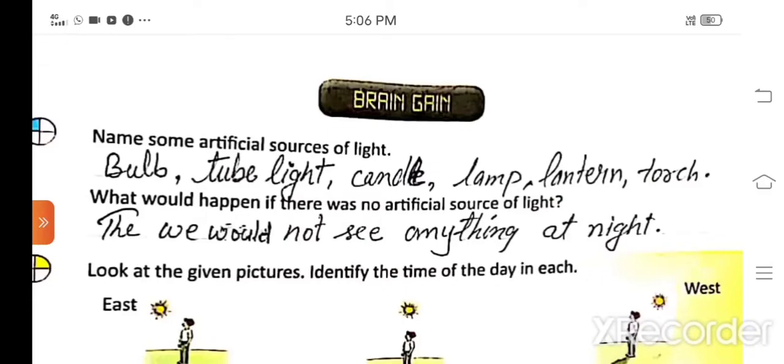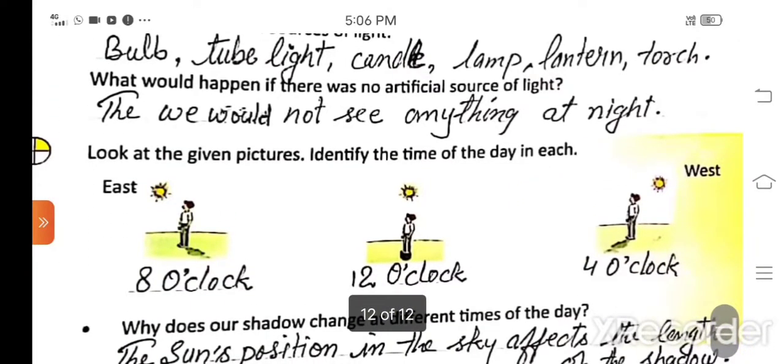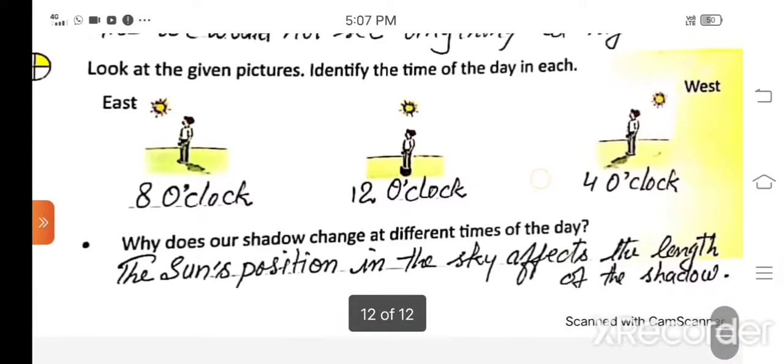Dear students, the artificial sources of light are also very important for us, because after sunset there is darkness everywhere, and if there were no artificial source of light, then we would have to live in darkness. That is why the artificial sources of light are very important for everyone.